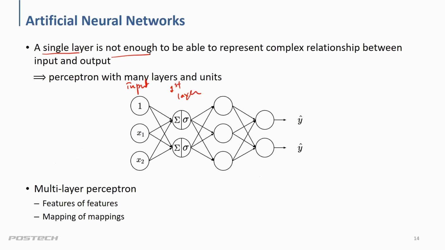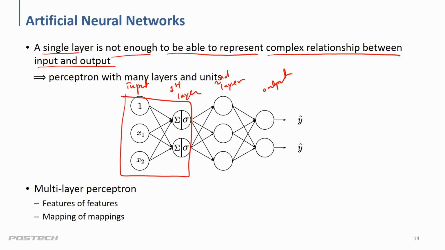A single layer is not enough to represent complex relations between the input and outputs. So in that case, we can add another layer, a second layer, and there will be the outputs. So from these, it's the input, the neurons, and the outputs.